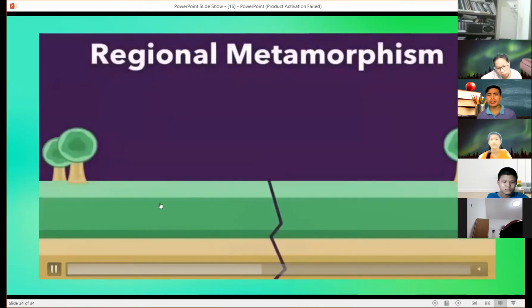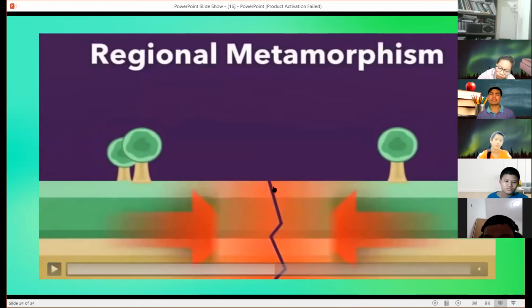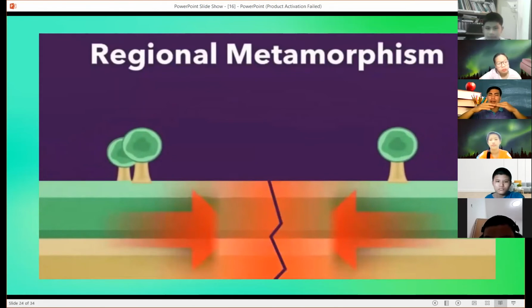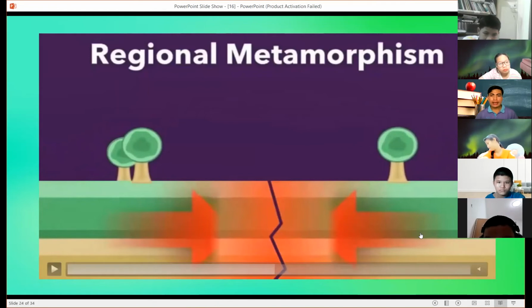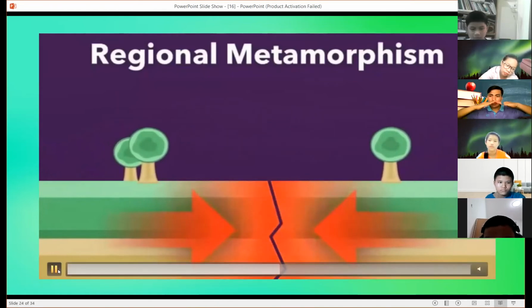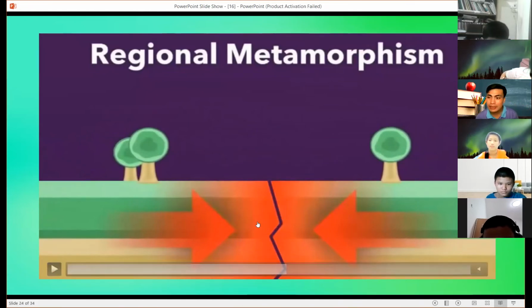For pressure, for example, there is an earthquake. A tectonic plate is always having what we call a fault line. When there's an earthquake, what will happen to the rocks in the middle?